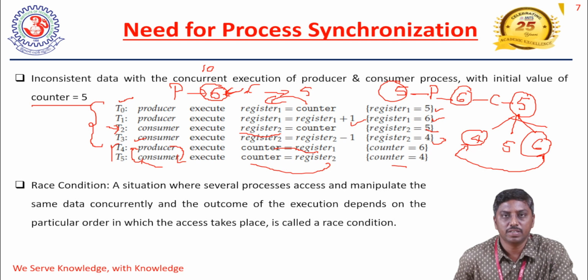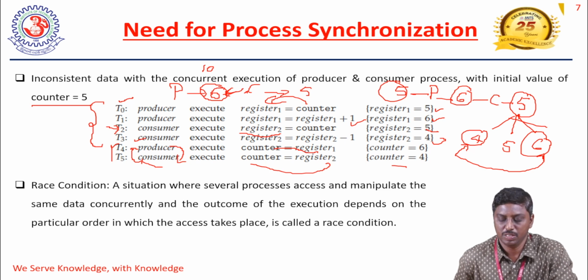So what is our definition? Ensuring the data consistency of the cooperating processes by having a proper order is called process synchronization. I need to ensure that whenever cooperating processes are running, the data consistency is maintained. That ensuring is called process synchronization.